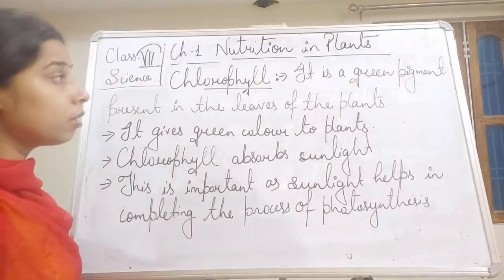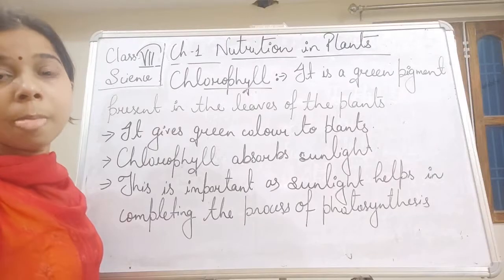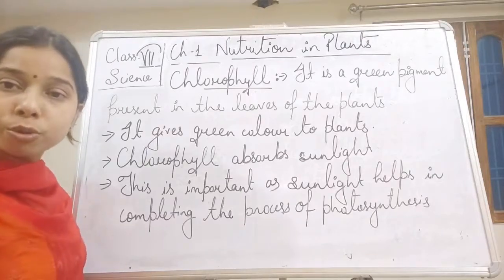So this is about how chlorophyll is important for the plants in order to perform the process of photosynthesis.